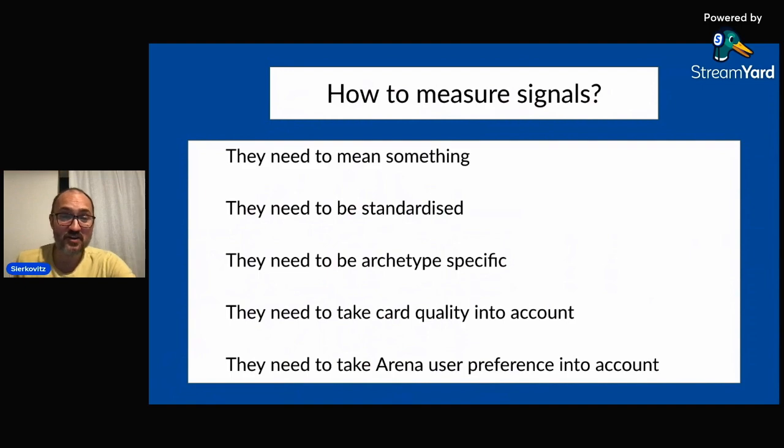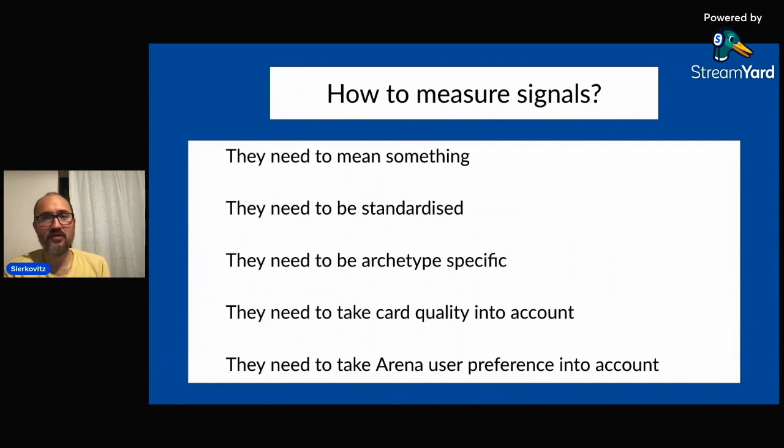They need to take card quality into account. So what I mean by that is, if I see a bad card that even our arena players are picking highly being passed, that doesn't give me very useful information. Let's say the Pacifism. Usually the Pacifism card in every format goes quite early, because especially beginner players, they love their Pacifisms and they pick them.